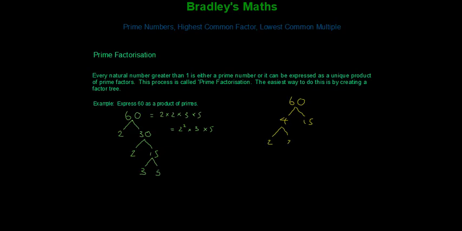And 15 is 3 times 5. And 60 equals 2 times 2 times 3 times 5, which equals 2 squared times 3 times 5. And that is all there is to it.